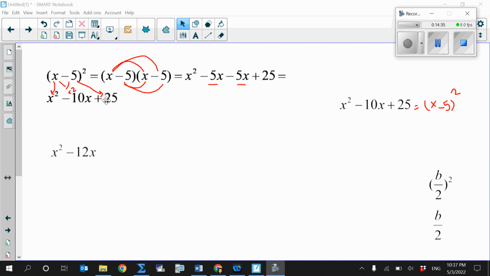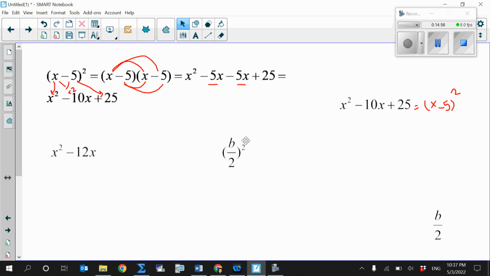So just to make your life easier, here's what you need to do: b over 2 to the power of 2. That's what you need to find here. So what is that? b in this case is negative 12. Divided by 2 is negative 6.